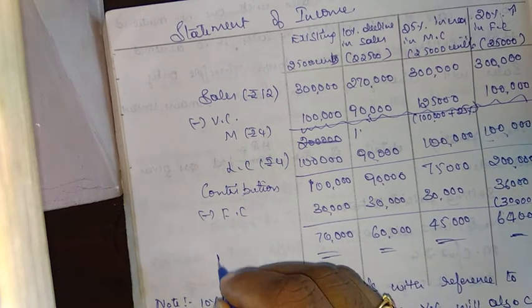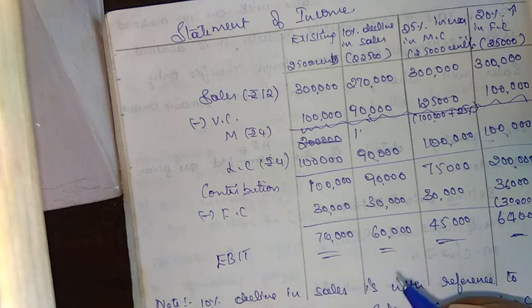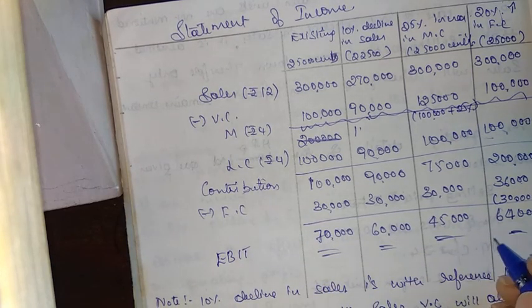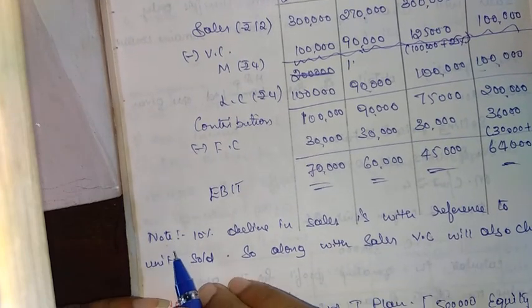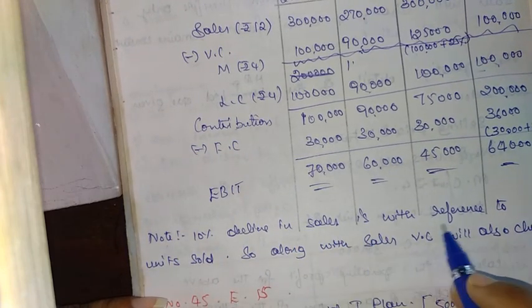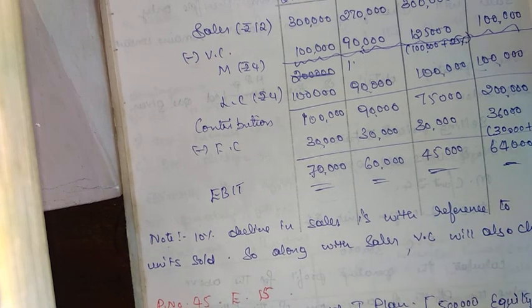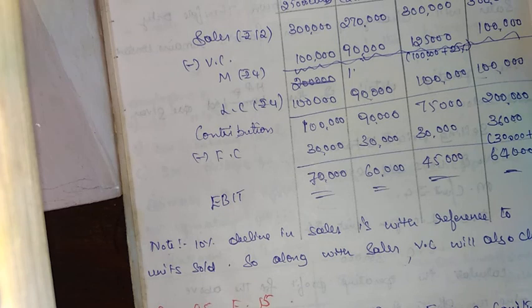So EBAT, our operating profit, is 70,000, 60,000, 45,000 and 64,000. And we are making the assumption that the 10% decline in sales is with reference to units sold. So along with the sales, variable cost also changes. Thank you. By this we are done with the second chapter. From the next video we'll be moving to the new chapter.